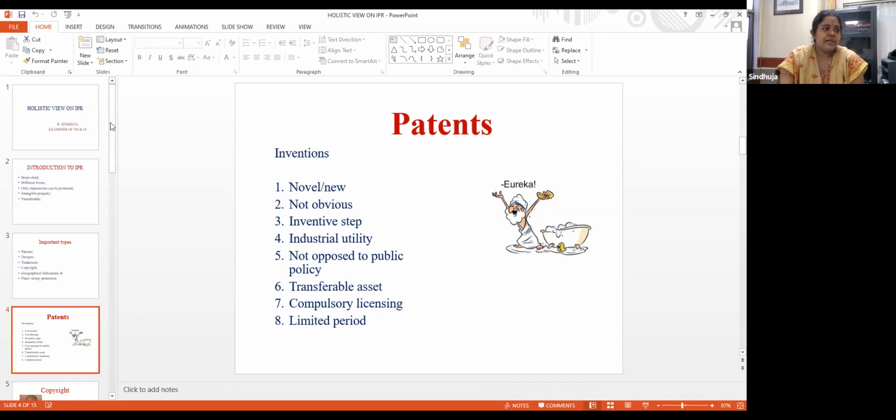And then here in patents, since I was told that the present participants are from the IT field, the way you have to look at patents is that, for example, when you work for a company, you come out with a design, and do you think you can claim ownership over that? Certainly not, unless there is a private contract between you and the company.